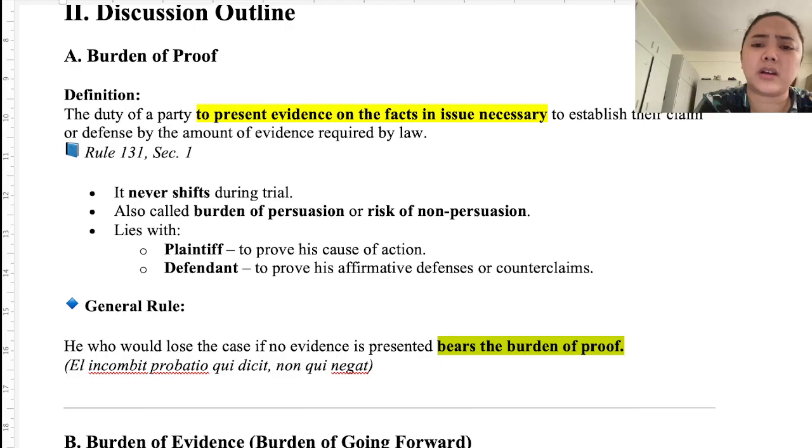Then there is no evidence, and you would lose the case. And since you are the party with the burden of proof, you would lose the case.